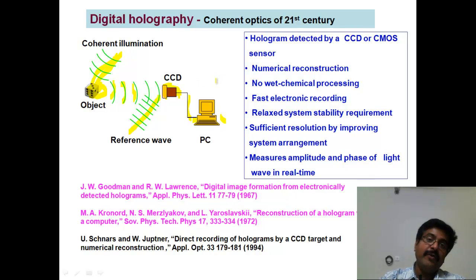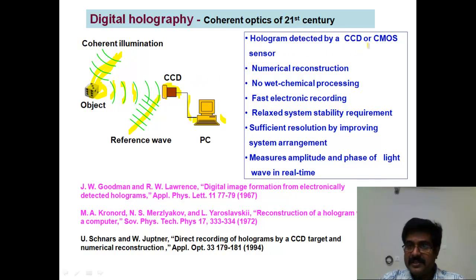We don't have to do an optical experiment to reconstruct the hologram. Rather, we can simulate that process using the computer. So numerical computation, that is the reason why we call it digital holography. This gives the freedom of developing numerous algorithms with a good amount of perfection. So these are the advantages.